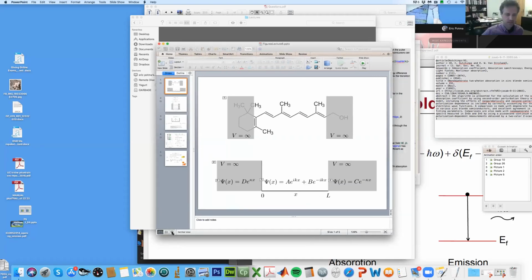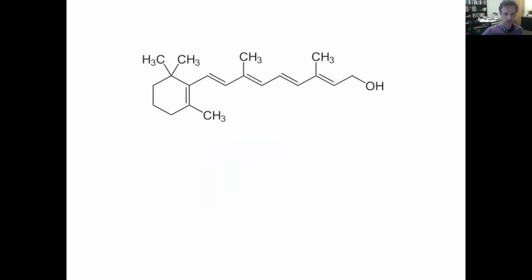Let's look at a slightly different scenario here, namely a molecule. The molecule I'm going to look at is the retinol molecule. Here it is. It's a very nice molecule. It's an important part in your diet, in fact.